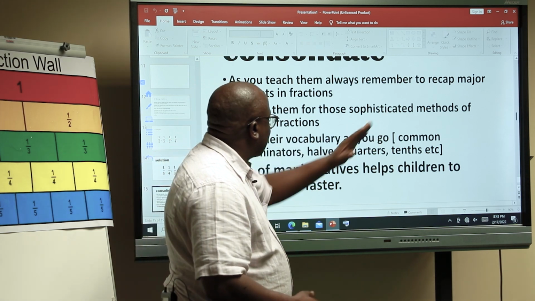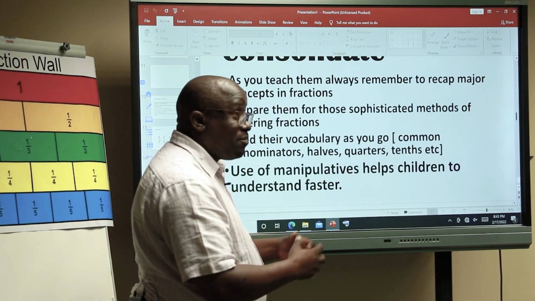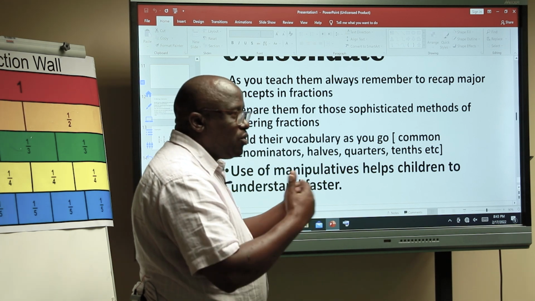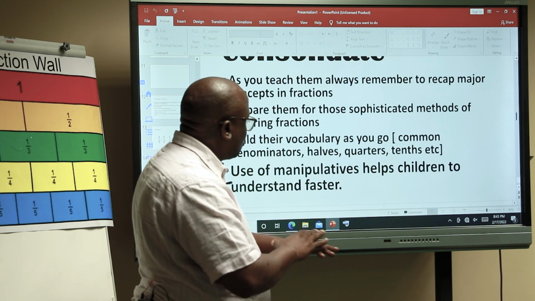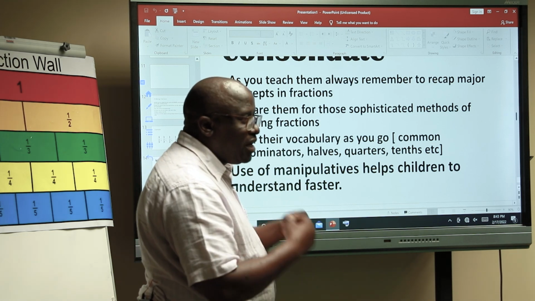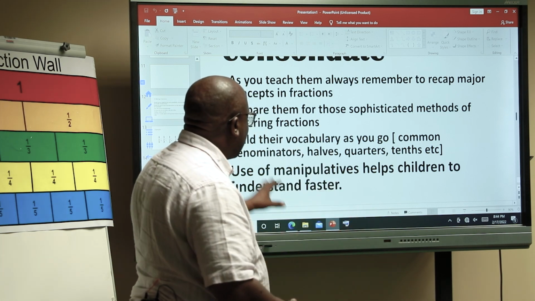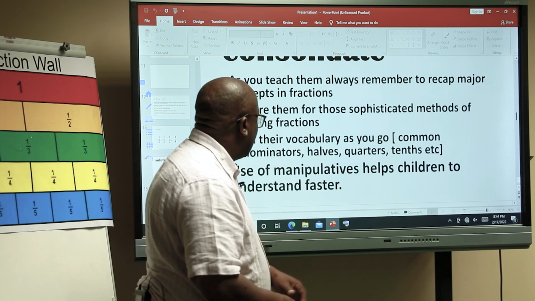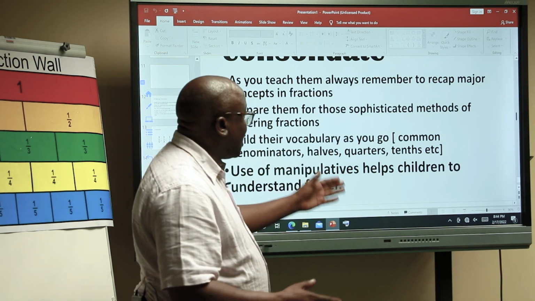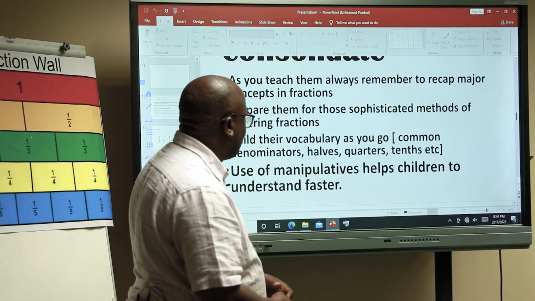Prepare them for those sophisticated methods of ordering fractions. As you teach, remember they're going to move on with the topic, and you need to consolidate and make sure the base is solid and our learners can grasp any concept that comes in the form of fractions. Build their vocabulary as you go, for instance common denominators, halves, quarters, tenths. Make sure you build that vocabulary.